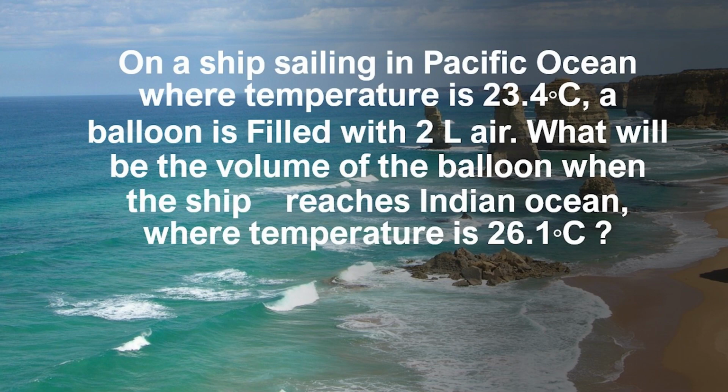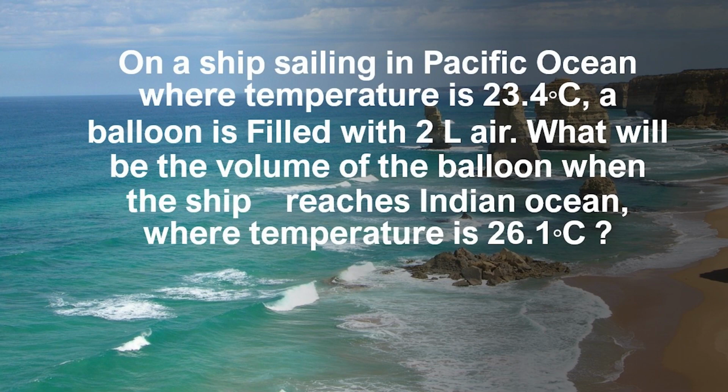In this problem, you can see two temperatures, that is 23.4 degrees Celsius and 26.1 degree Celsius, and one volume is given, that is 2 liter. It corresponds to the temperature 23.4 degree Celsius. So we have to find out the volume at temperature 26.1 degree Celsius.